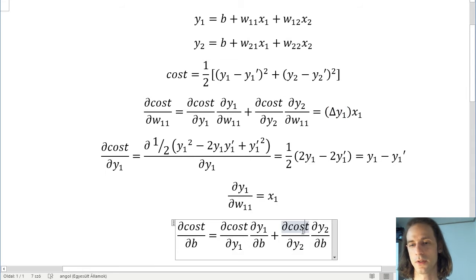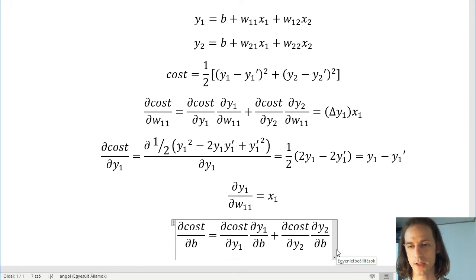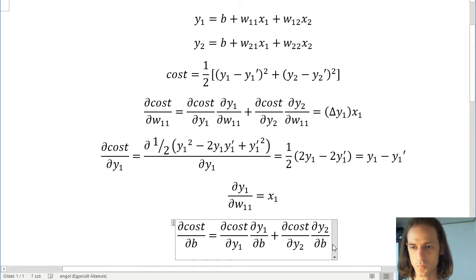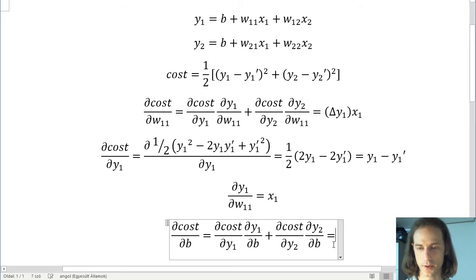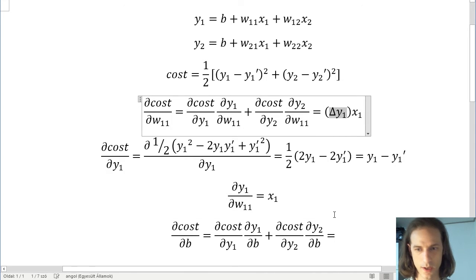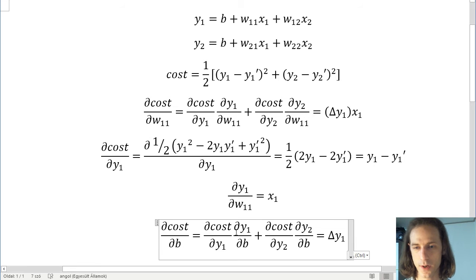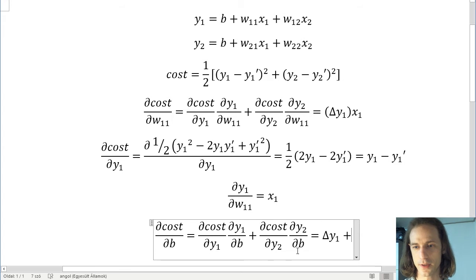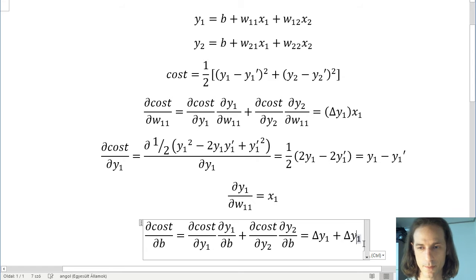And if you do it by the bias, then we already know it's going to be delta y1 differentiated with respect to the bias, which is 1, and y2 differentiated by the bias is going to be also 1.